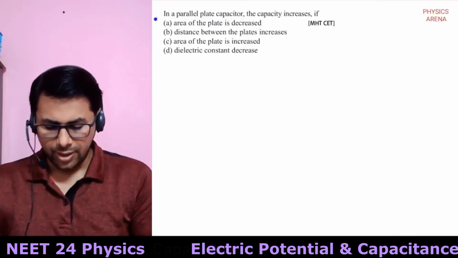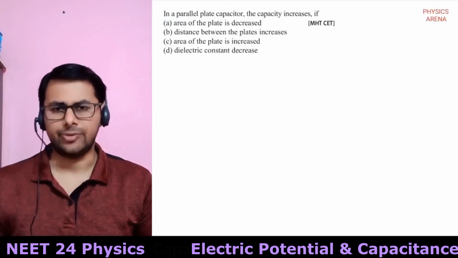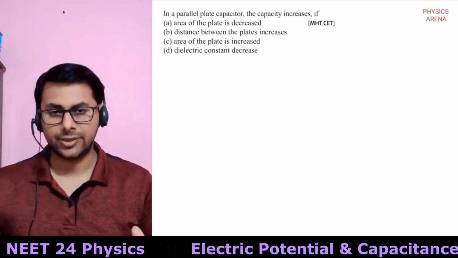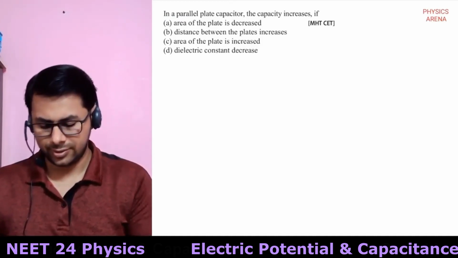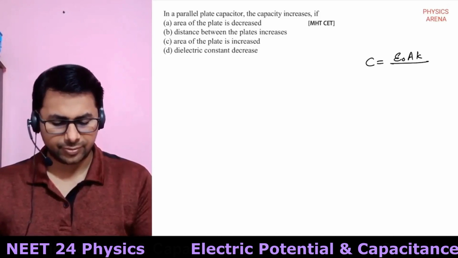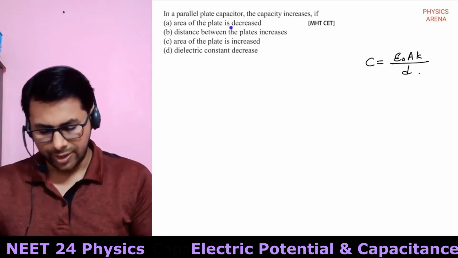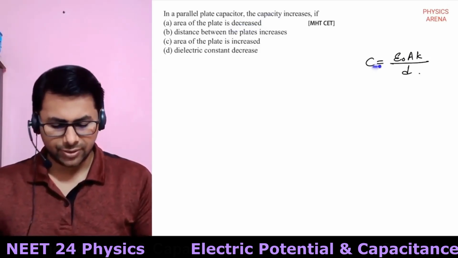Next one. In a parallel plate capacitor, the capacity increases if area is decreased? Will it increase? Our formula is epsilon naught K A divided by d. If area is decreased, capacitance will also decrease.